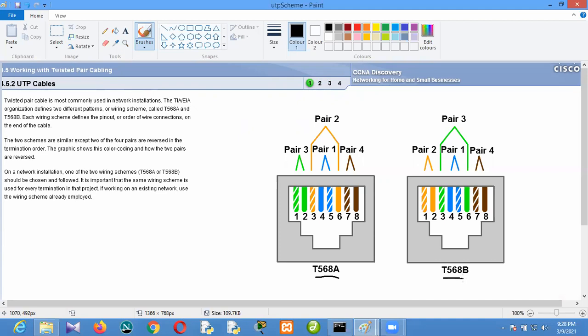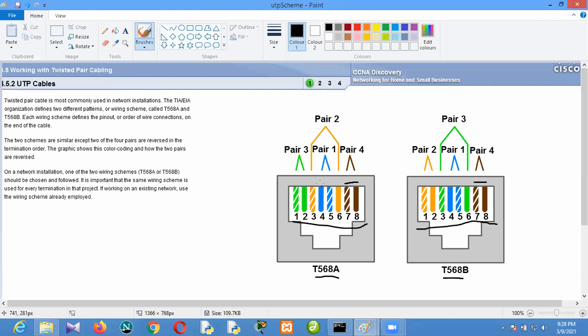So, how is this scheme like? Whenever you're terminating twisted pair, you need to group your cables either this way or that way. In both ways, they all have brown at the end.